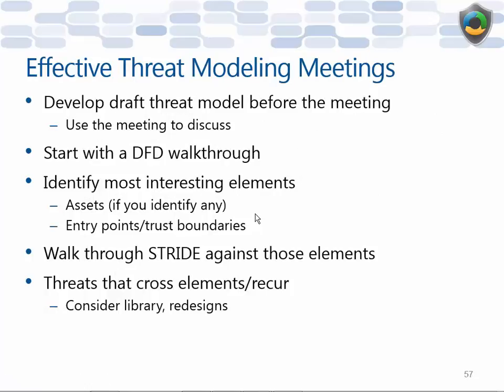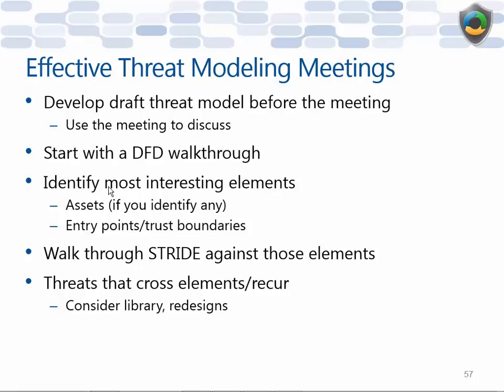We've talked about this: develop a draft threat model before a meeting. The idea is you start by walking through your context level DFD. Then you go into a little higher level and start to identify the most interesting threats, or elements. Well, I wouldn't say interesting, but probably the assets most likely to be desired by an attacker.